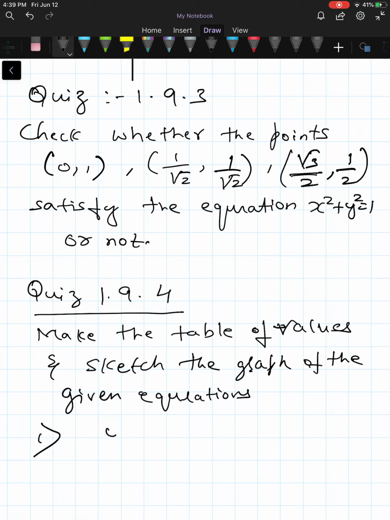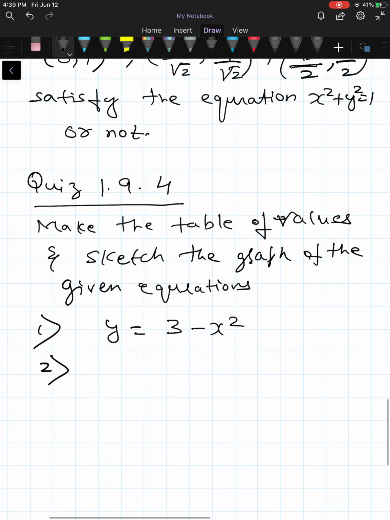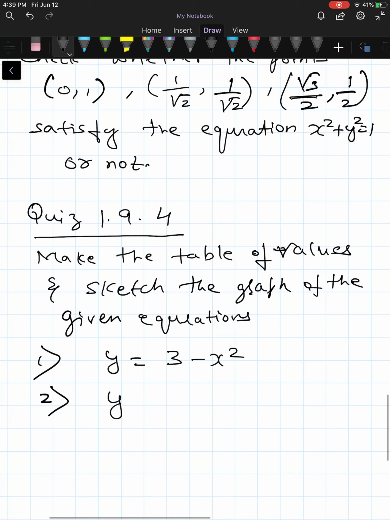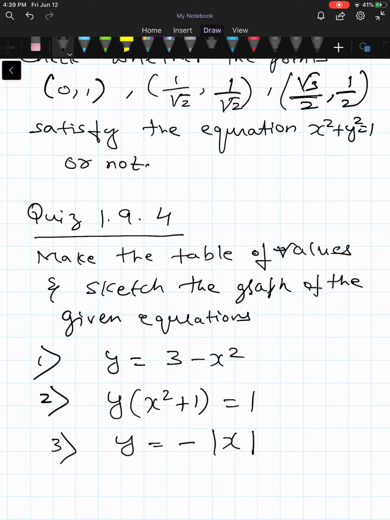So first one, y is equal to 3 minus x square. Second, y times x square plus 1 is equal to 1. Third, y is equal to negative absolute value of x. You can use your graphing calculator.